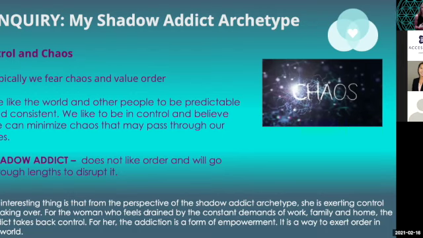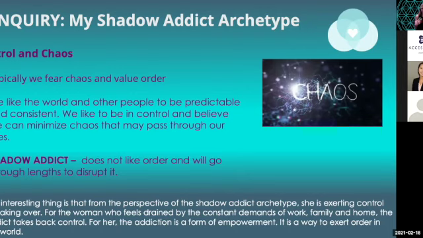And we actually value order. We value order, and we don't really like chaos. It doesn't mean that we can't have our own internal chaos, but I'm just saying in general, where we tend to go to is some type of order. And we love predictability. We want other people to be predictable.